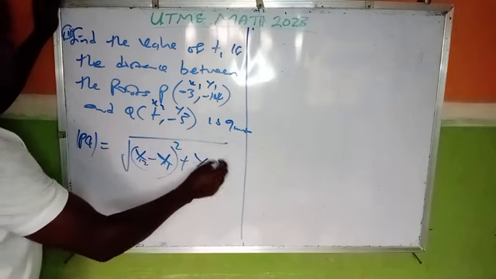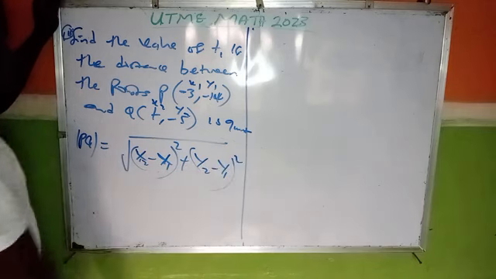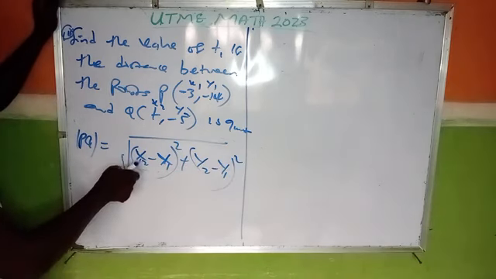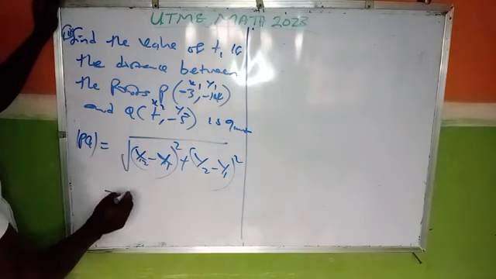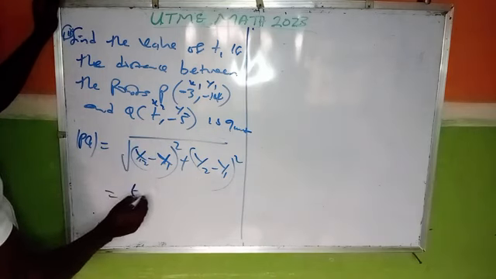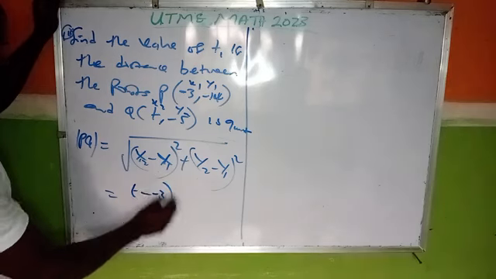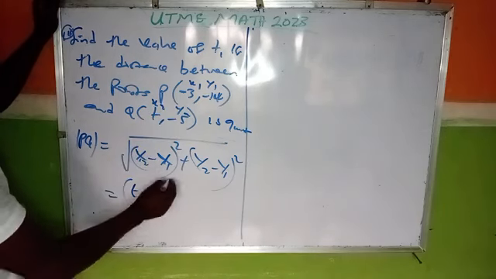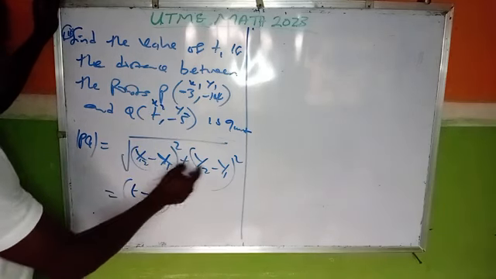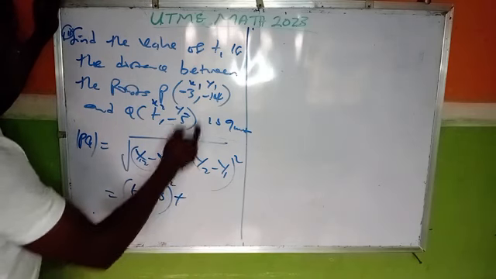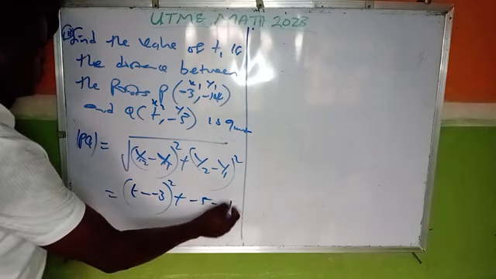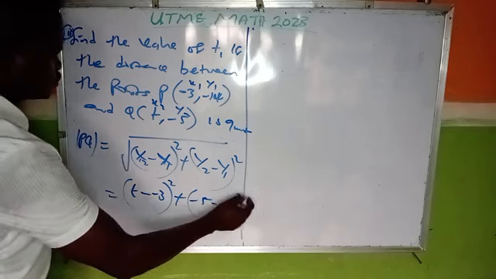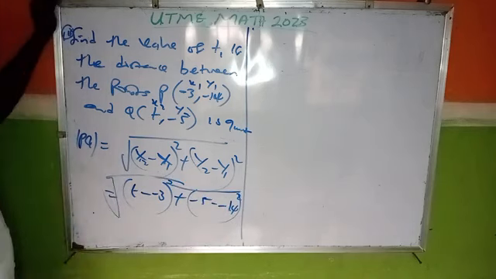So for this x2, that's t minus minus 3 squared plus y2 minus y1, that is minus 5 minus minus 14 squared, all under the square root.